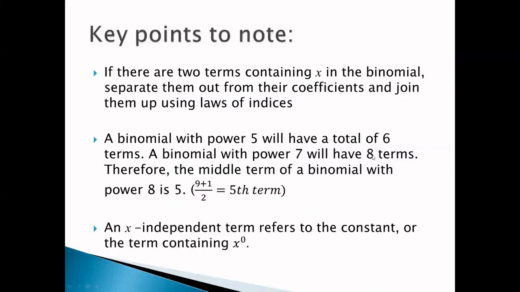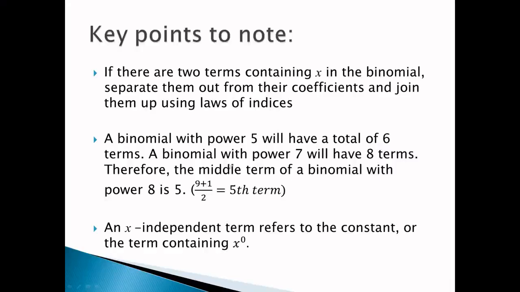So, key points to note. If there are two terms containing x in the binomial, separate them out from their coefficients and join them up using the laws of indices. You could see this in example 2 and 3. Okay, now, a binomial with power 5 will have a total of 6 terms. A binomial with power 7 will have a total of 8 terms.